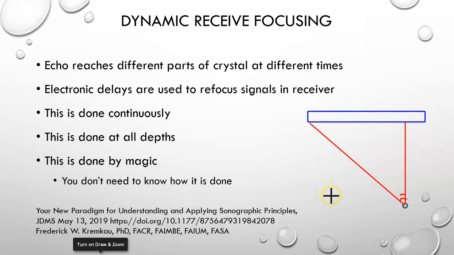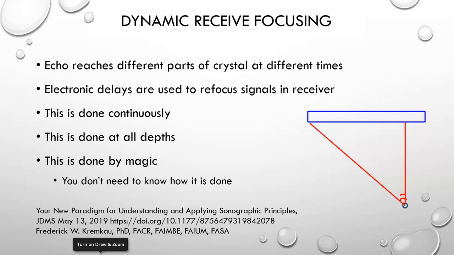And so because these echoes return at different times, then the machine can utilize electronic delays to refocus the signals in the transducer, or in the receiver, excuse me.